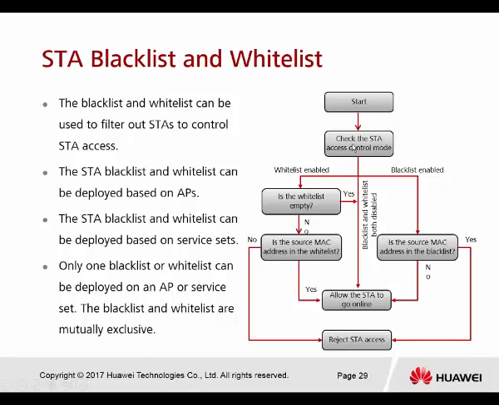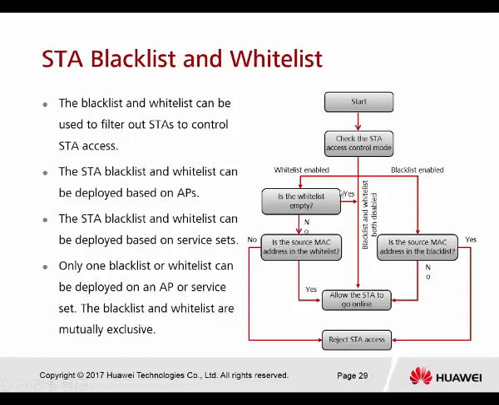When starting, you check the STA access control. Which one did we enable, whitelist or blacklist? If we enable the whitelist, it will check whether we have configured any MAC address inside the whitelist. If yes, it checks whether the STA is inside the whitelist, and then the PC can go online.